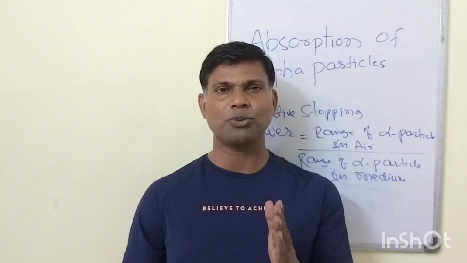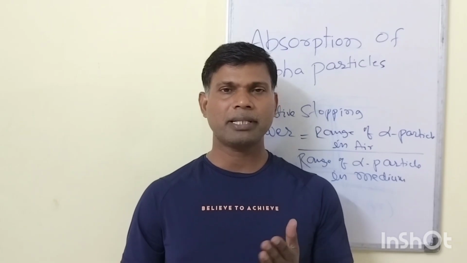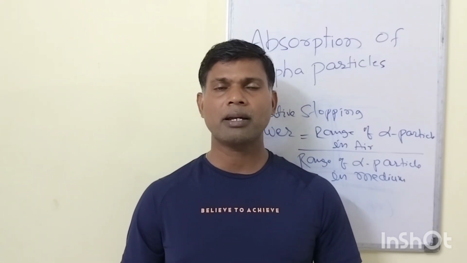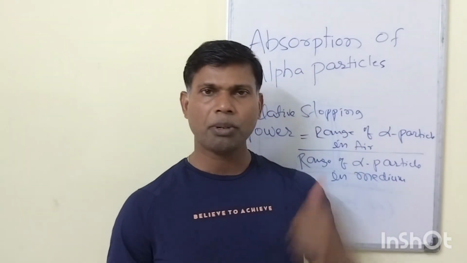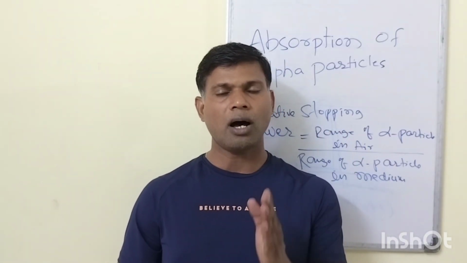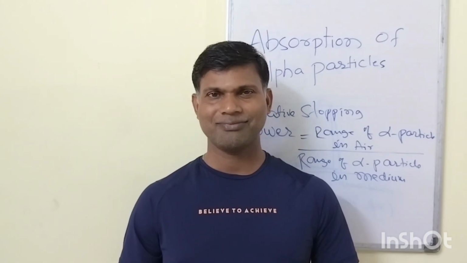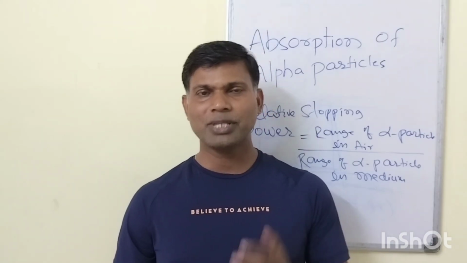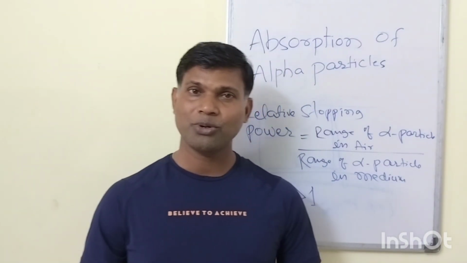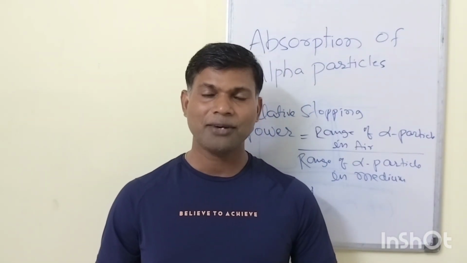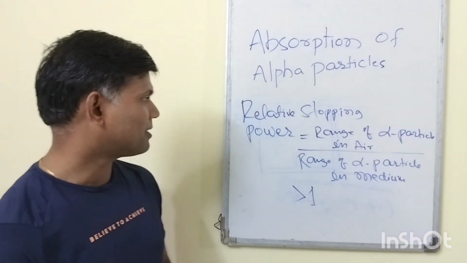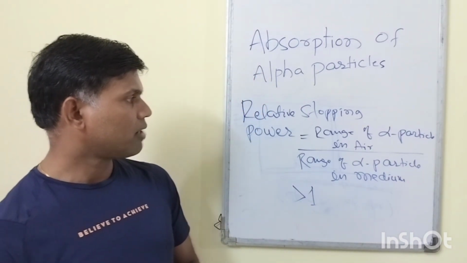Similarly, take a paper; the paper thickness is around 10 micrometer. The relative stopping power of paper is also 1000, so it will stop the particle in just half of its thickness. You understood, no? This is the most important concept we should know to design a material which can very well stop radioactive particles.